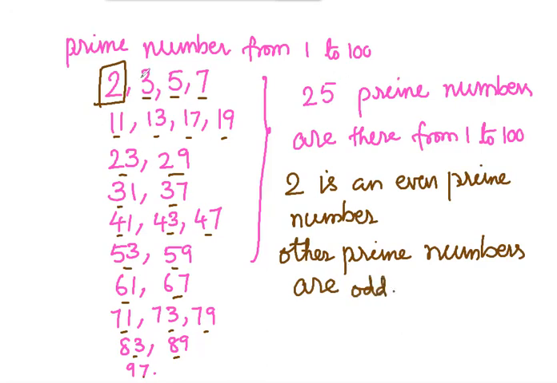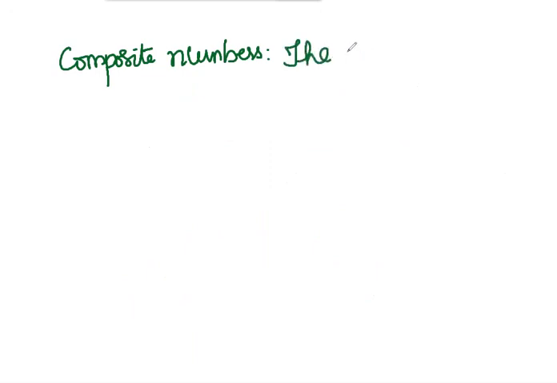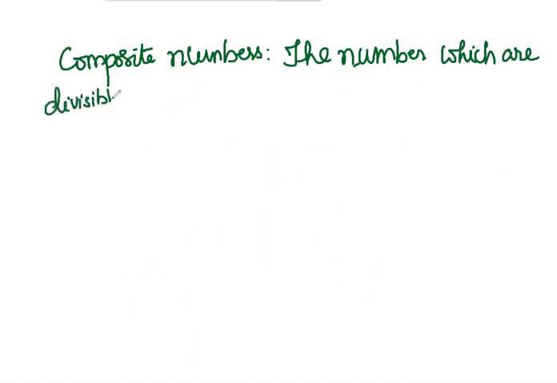Let us understand composite numbers. Concept of composite numbers: the numbers which are divisible by other numbers besides 1 and itself.